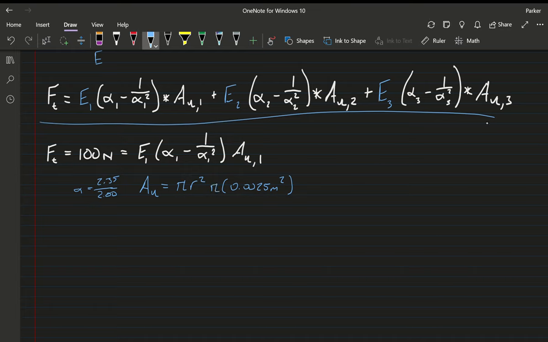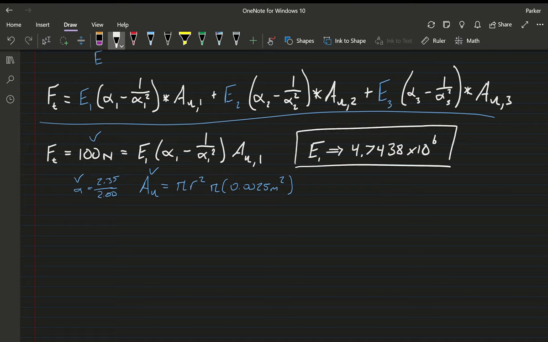Now we know A sub u, we know alpha, and we know our force. So all we have to do is solve for E1, and since it's an arbitrary constant, it might be a pretty big number. It's 4.7438 times 10 to the 6.